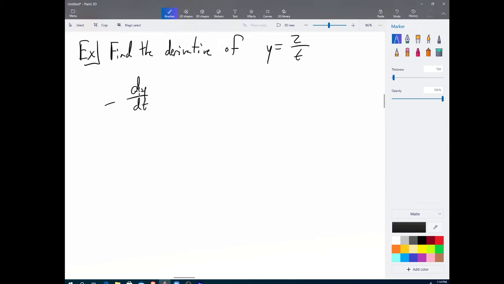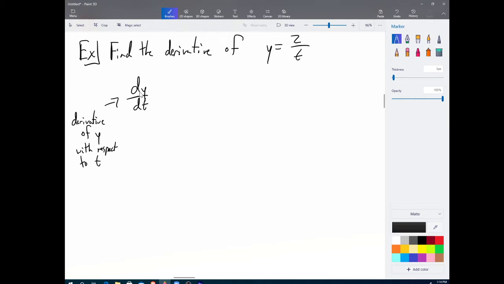I didn't specify this in class, but when I use this notation, I'm saying the derivative of my equation y with respect to my variable t. It is a different notation, but it means the same thing. I'm not going to stress the differences between them at this point, but I would read it as derivative of y with respect to t.